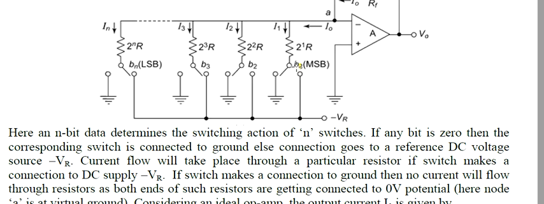So B1 is weighted by the resistance 2^1 into R, B2 by 2^2 into R, B3 by 2^3, and Bn by 2^n into R. So each bit is weighted by its resistance. That is the name weighted resistor type DAC.